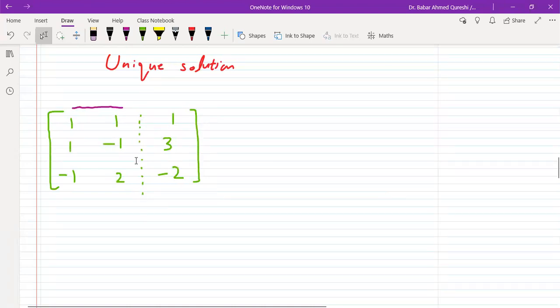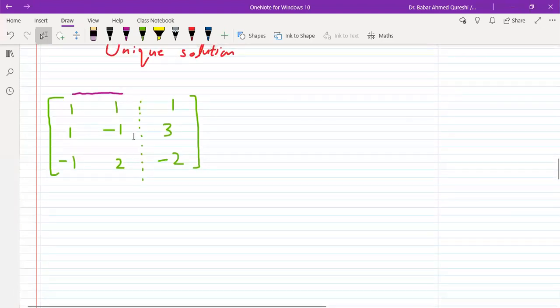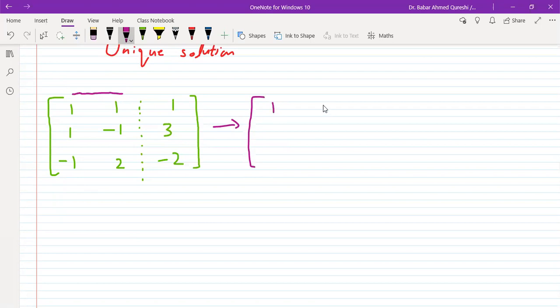And I'm just going to bring it to echelon form. So this goes to, multiply by -1 and add to the next one. And then add it to the third row.